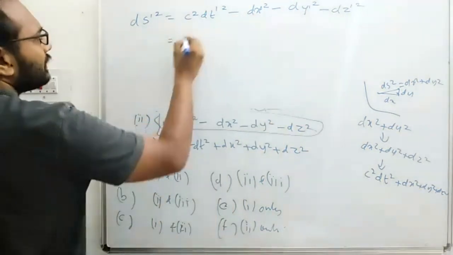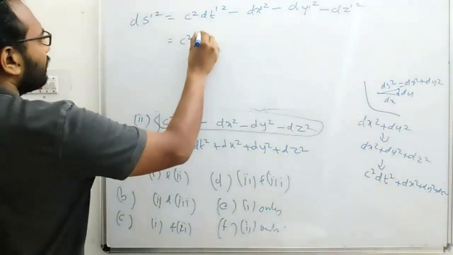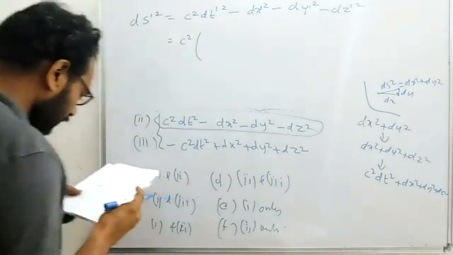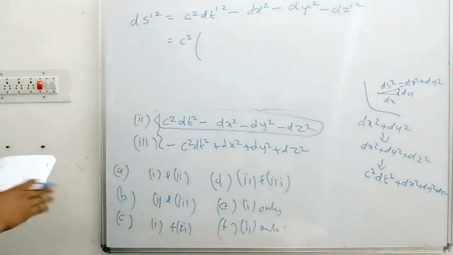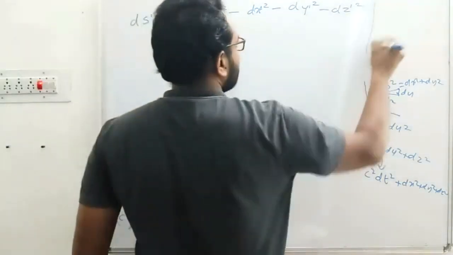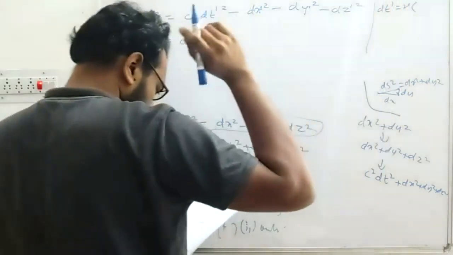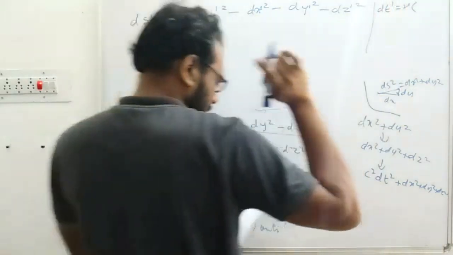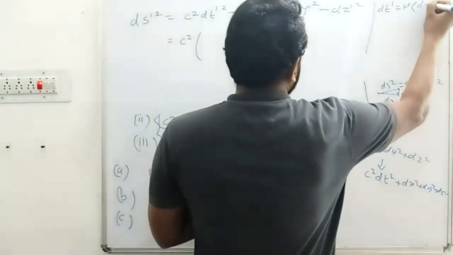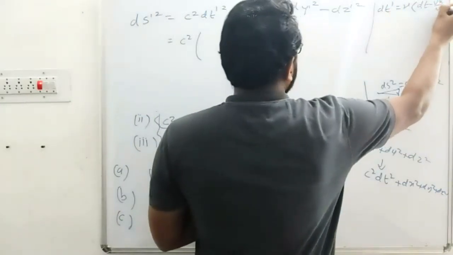What happens to this dt prime square? We have this relation: dt prime is equal to gamma times dt minus vx by c square.